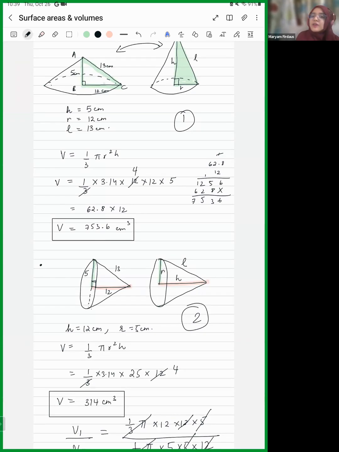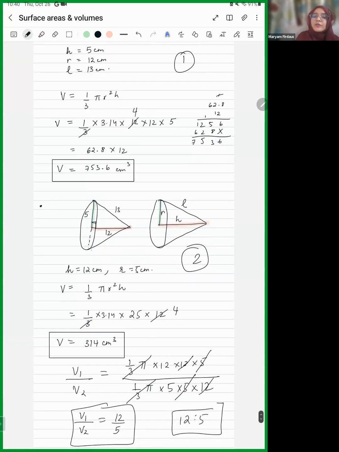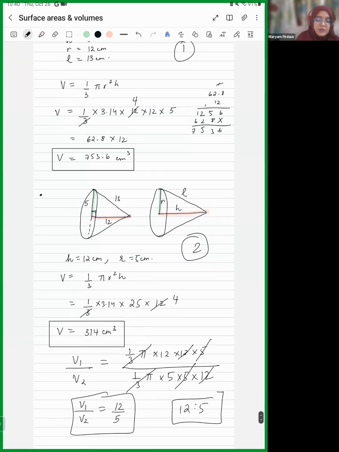So the radius of the first cone is 12 and the radius of the second cone is how much? 5. So when you take a ratio of both of their radii, you will get the ratio of their volumes. Right? Because everything else is getting cancelled. So the ratio of their radii is going to give you the ratio of their volumes. Is this clear? Yes, ma'am.